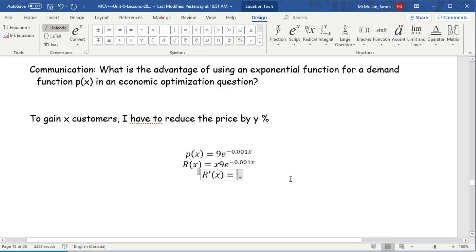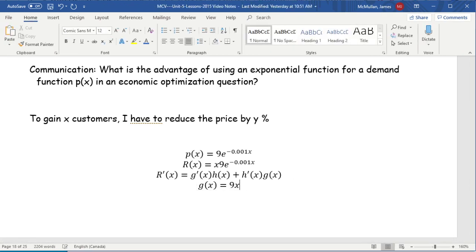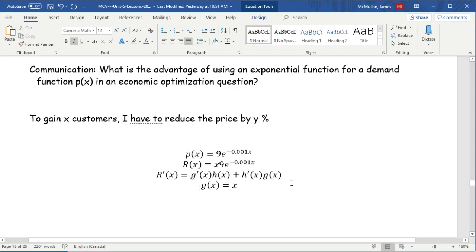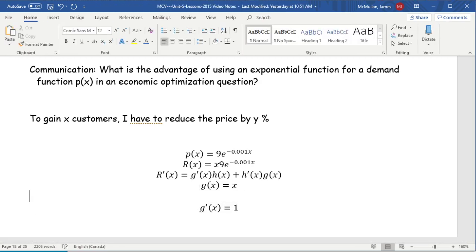Well, this is a product rule: g prime h plus h prime g. Let's quickly write out what all of those are. Let's just make g of x regular x. Therefore, g prime is 1.